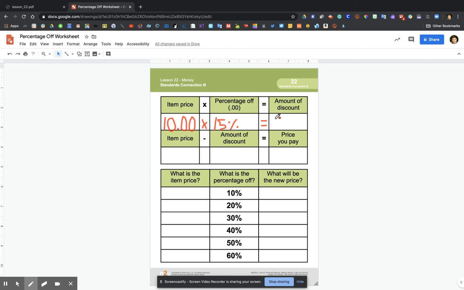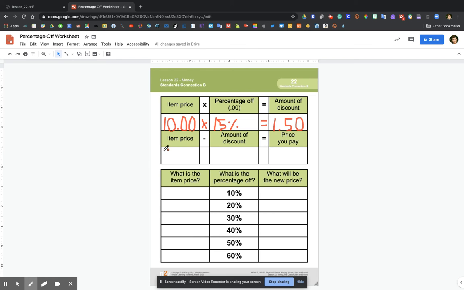The amount of discount, and again, your students can use a calculator because I know that I had to, is 1.5. So just have them press it in the calculator exactly as you see here, $10 times 15%, and then they'll get 1.5, which is really equal to $1.50.